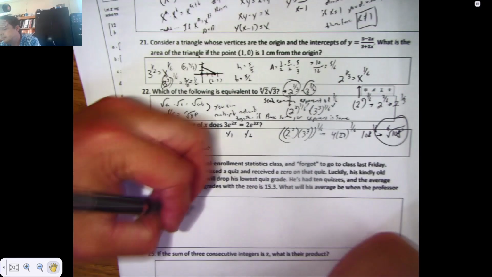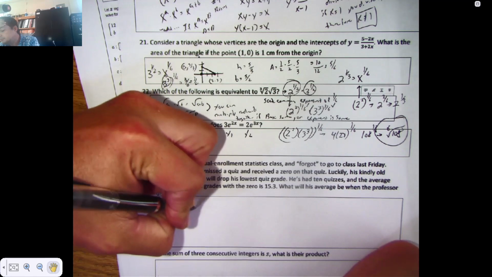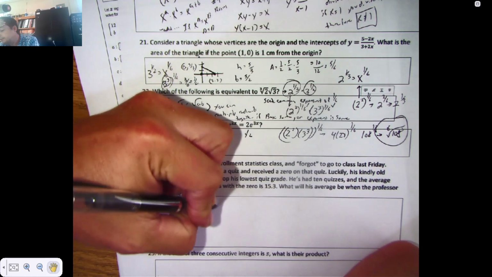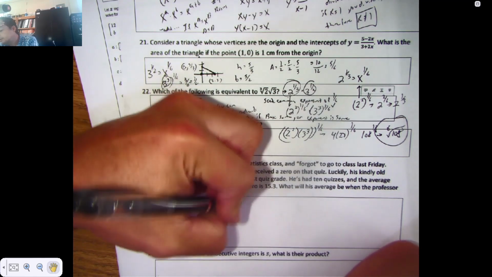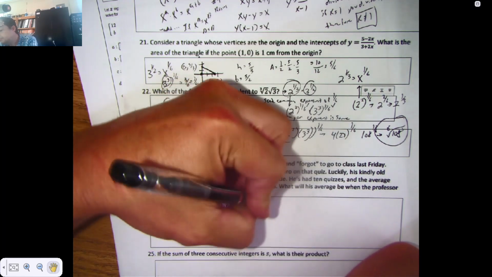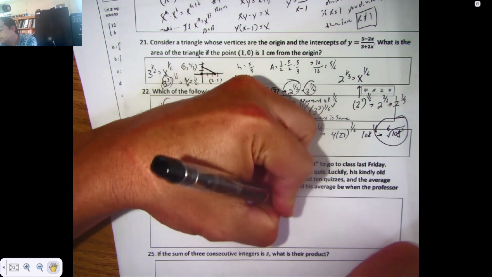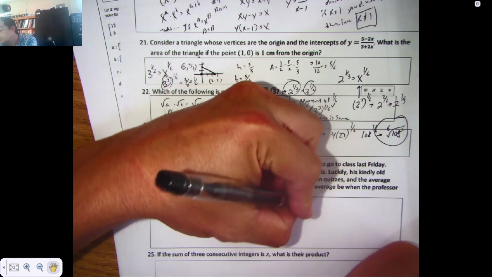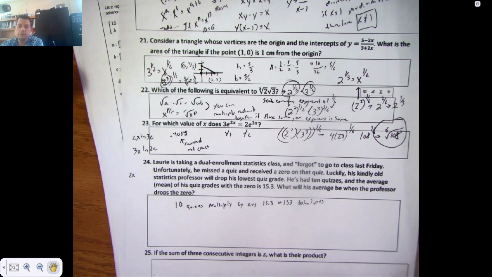So if you take 10 quizzes and multiply by the average of 15.3, you get 153 total points. All right? He's earned 153 total points. That shouldn't be hard.